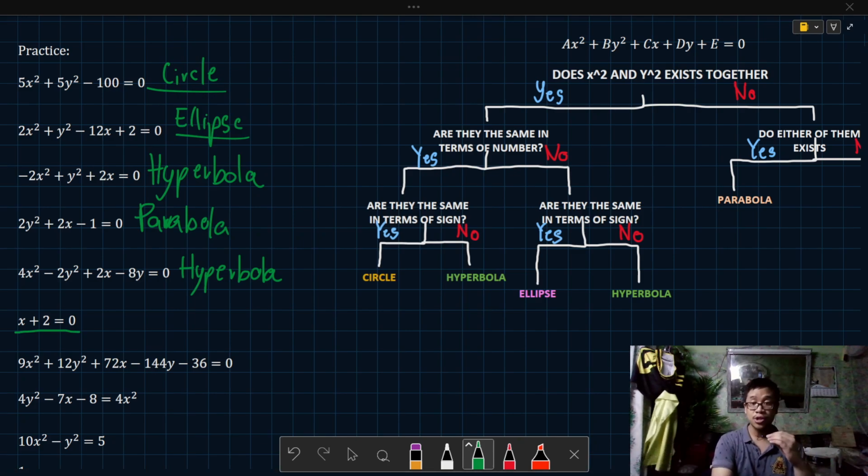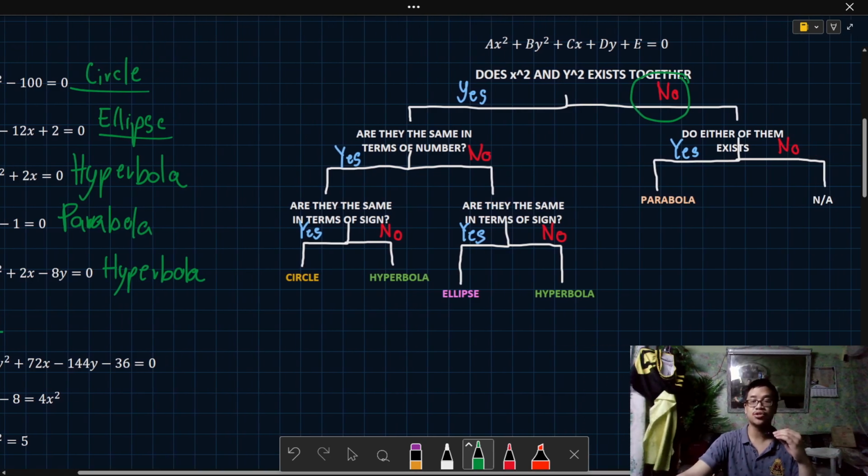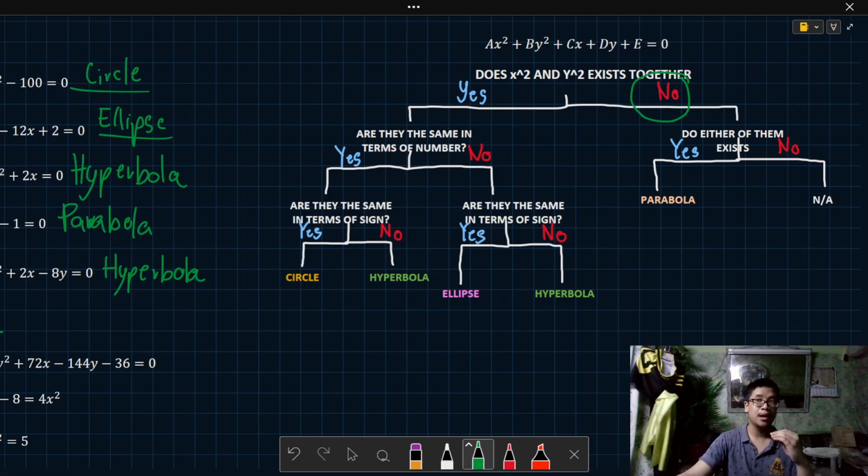So first question: does x squared, y squared exist together? We just have x plus 2, so it's a no. Now, let's go to the second question. Do either of them exist? That means they don't exist together, but does only one of them exist?